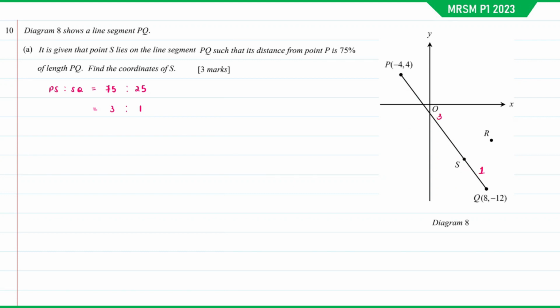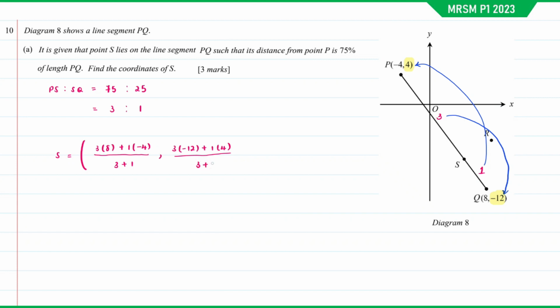To find the coordinates of S, the x coordinate will be 3 times 8 plus 1 times negative 4, divided by the total ratio, which is 3 plus 1. For the y coordinate of S, it will be 3 times negative 12 plus 1 times 4, divided by 3 plus 1. Then the coordinates of S will be (5, negative 8).